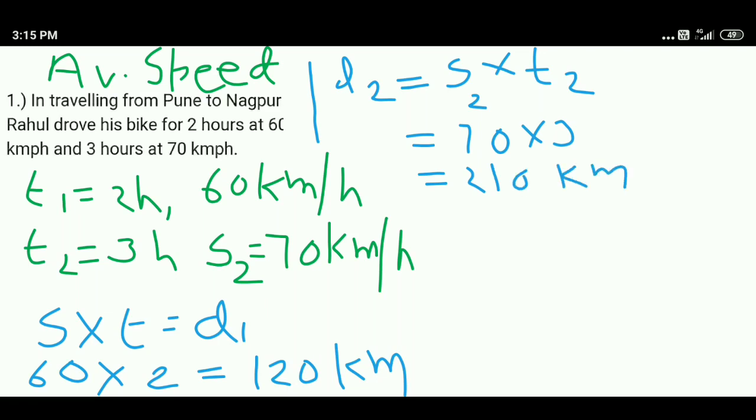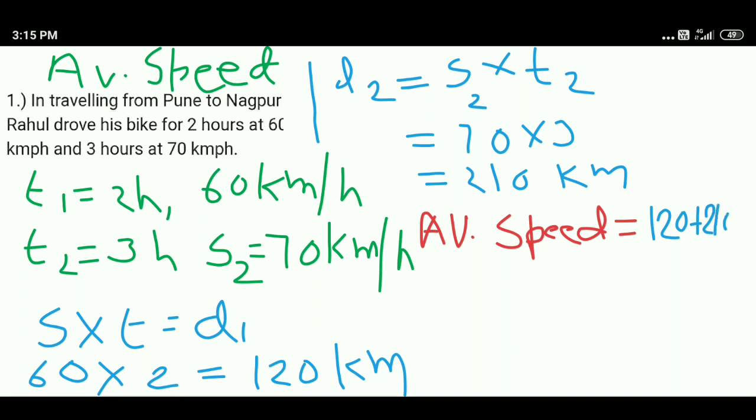Now both distances are there. How do we find average speed? Do you know the formula? Total distance upon total time. What is the total distance? Total distance will be 120 plus 210, dividing by total time. What is the total time? 2 hours plus 3 hours.